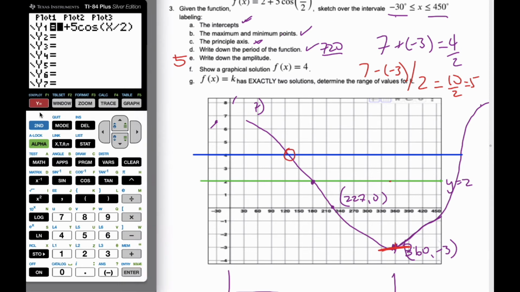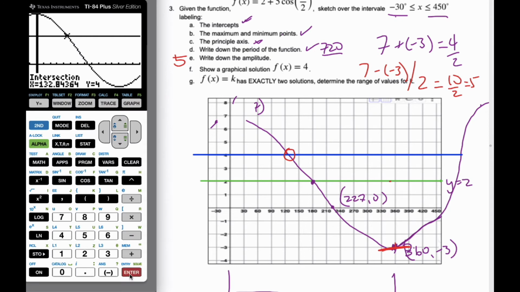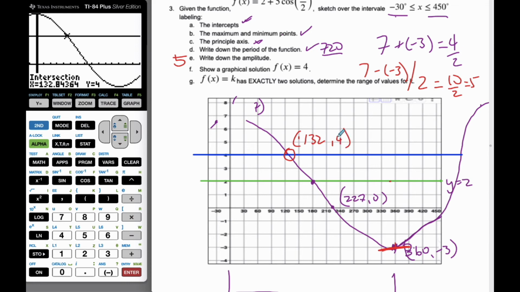If I do it graphically, I'm going to put 4 into my scenario, and I'm going to look for the intersection of those two graphs. And I get the value of (132, 4) to 3 significant figures. So there's the graphical solution. x is equal to 132.